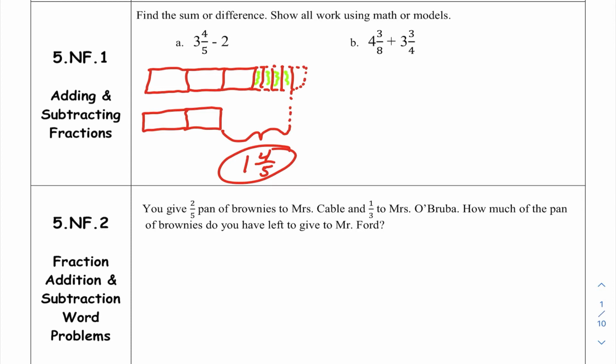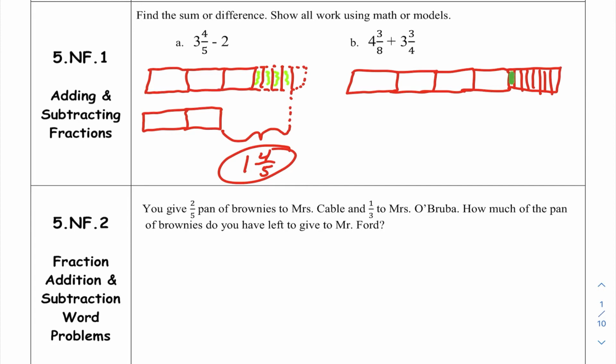So I have 4 and 3/8. So I've got 1, 2, 3, 4. And now I have this 3/8. So I go 1, 2, 3, 4, 5, 6, 7, 8, just to make sure. Switch my colors up, and I have 3 of those.